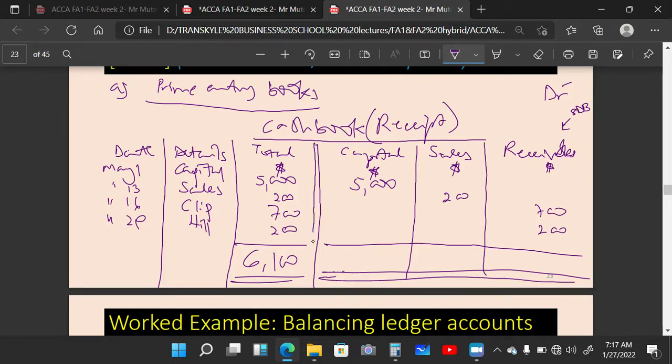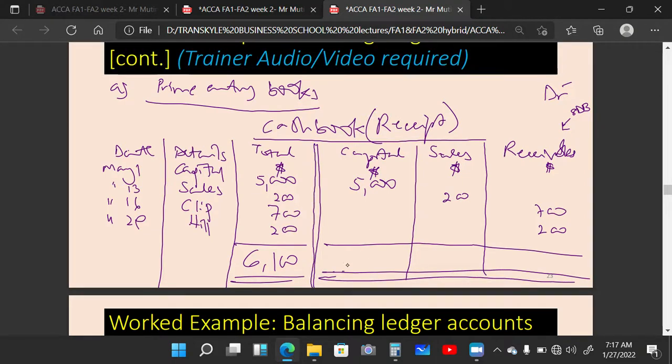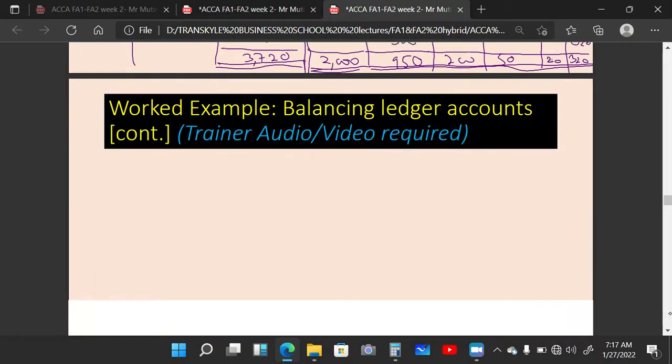Like I said, you can just put a double line here. 5,000, 200, 900. If you add these values, they should tally with the total, 6,100. That's fine. We are done with the cash book.